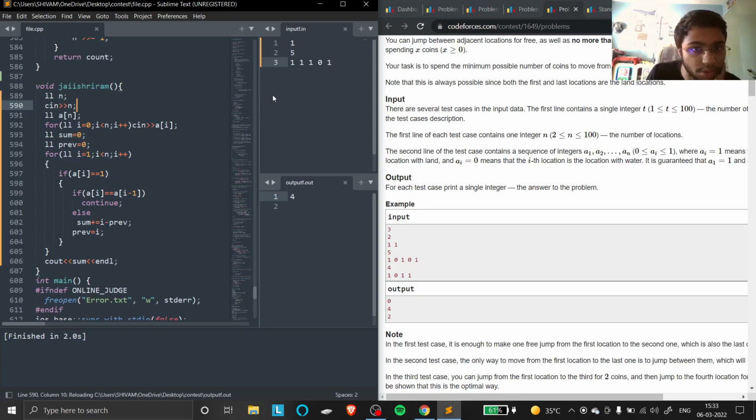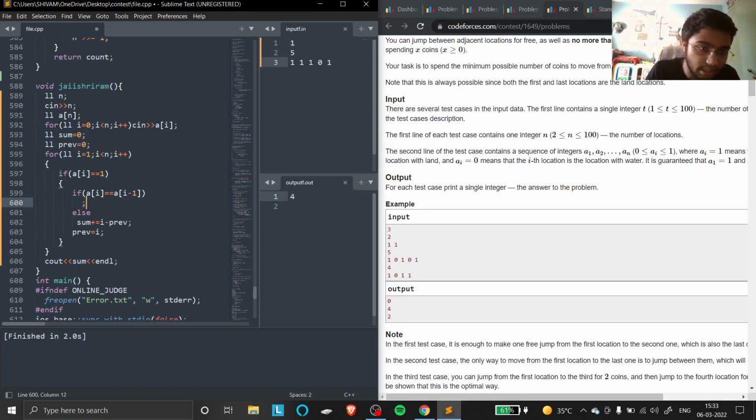The answer it is giving is 4, which is wrong. Starting from 1, print pref 0, 1. So a of i is 1. It is checking this and this. Yeah, I got it.